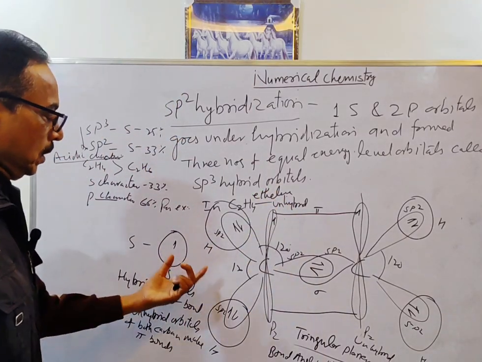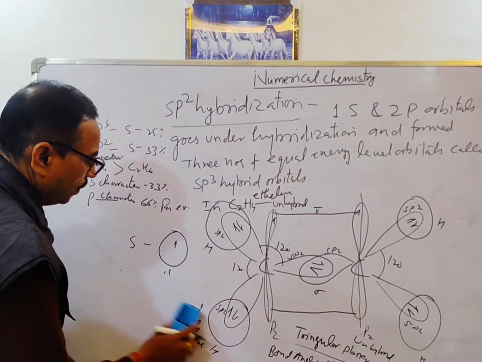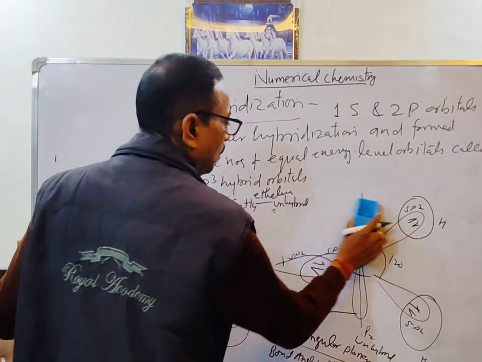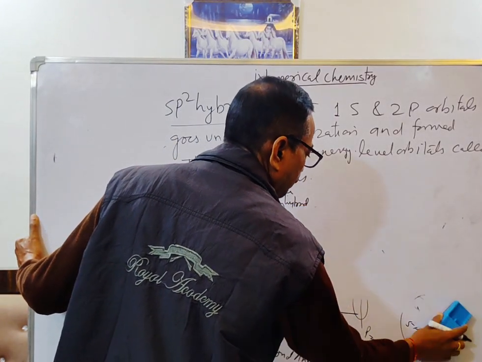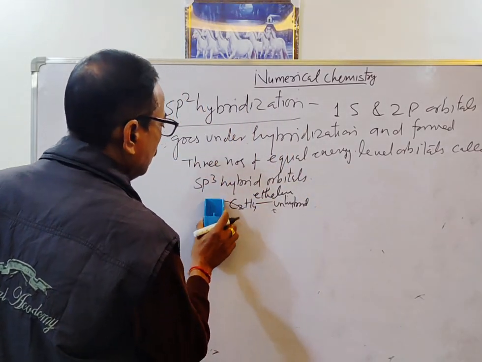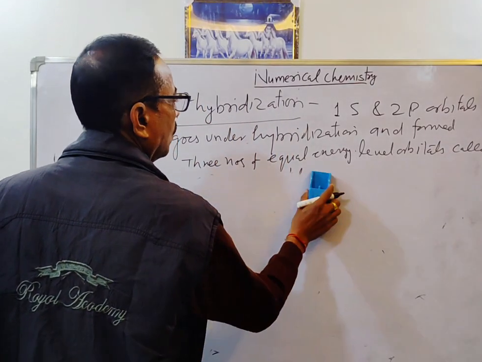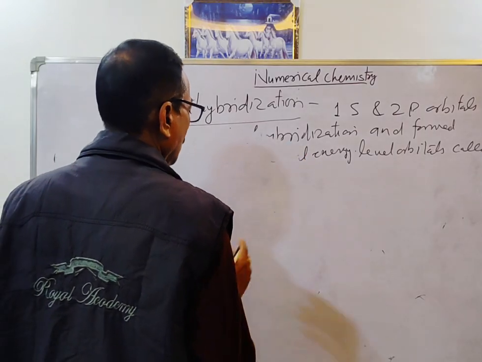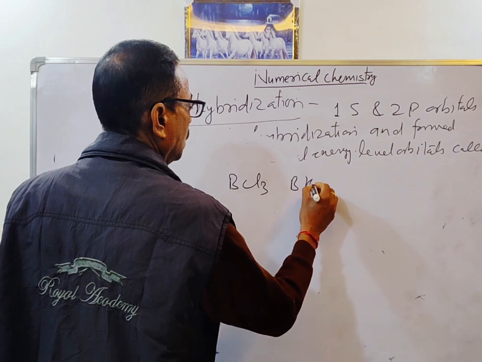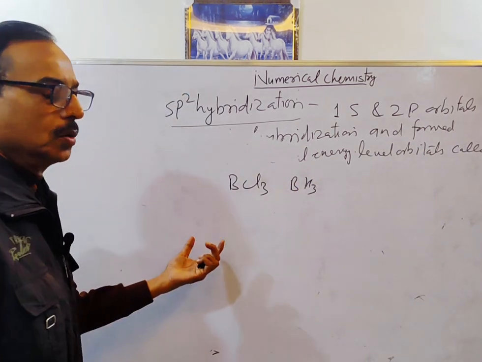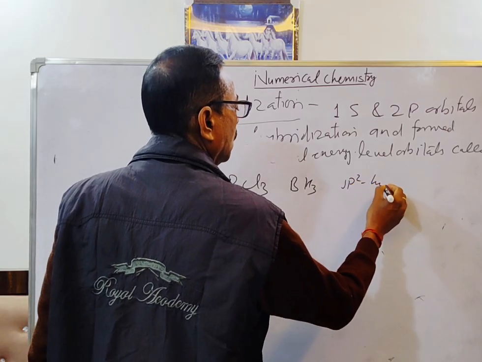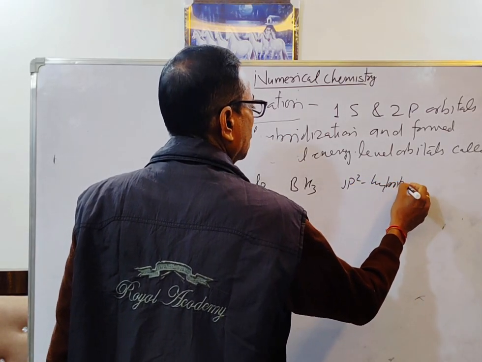So a similar type of example in inorganic, you can see BCl3, BH3. These show sp2 hybridization.